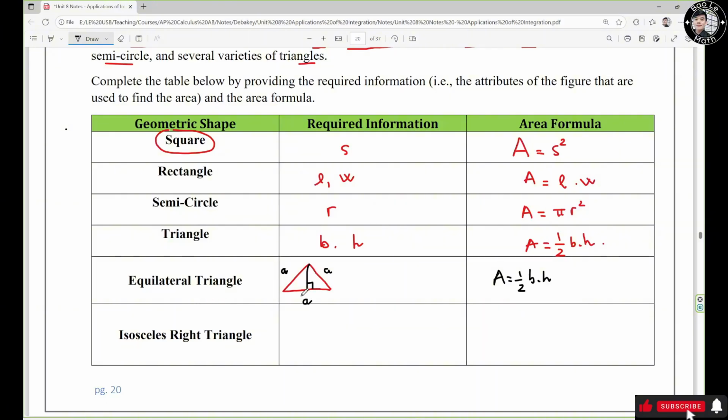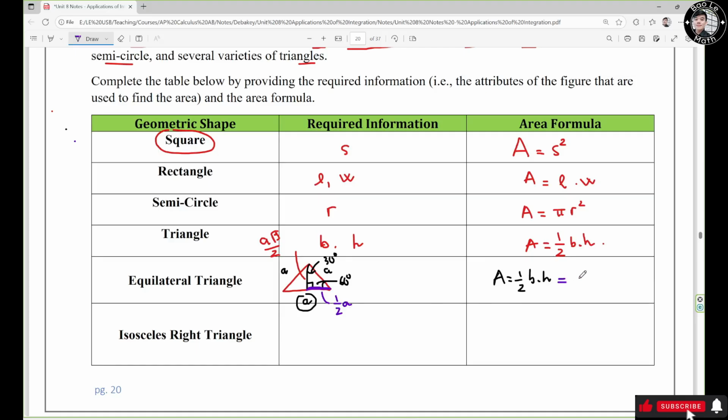The base is A. The height is not given. We need to calculate the height. How do we calculate this? We're going to use the special right triangle. This angle is 60 degrees, and this one is 30 degrees. The side length opposite to 60 degrees equals the side of the triangle times √3 divided by 2.